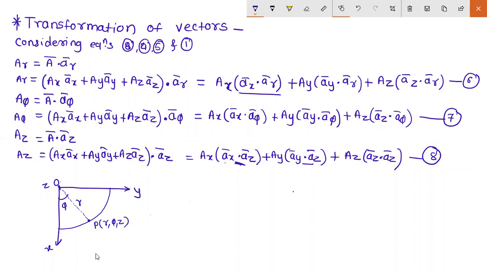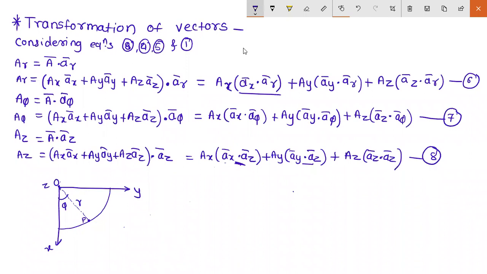Then I want to draw the angles here, that's why I'm erasing this. You can draw a separate diagram also. So I'll erase this point P and write here only. Remember, this point P has three coordinates r, phi and z. Now we have to find the angles here.